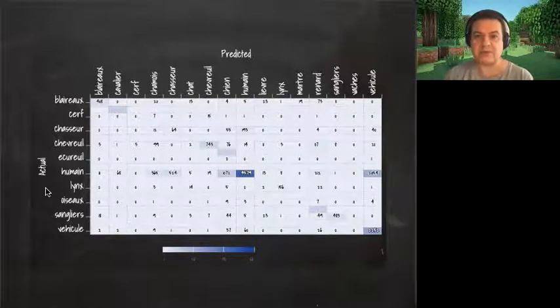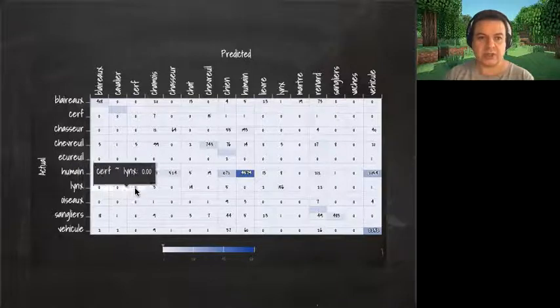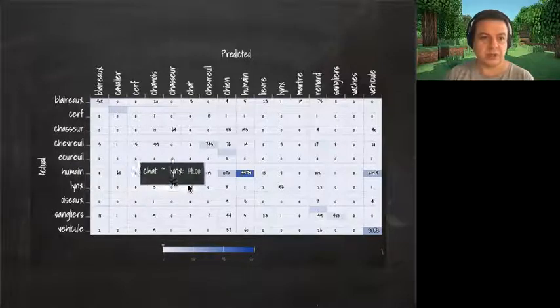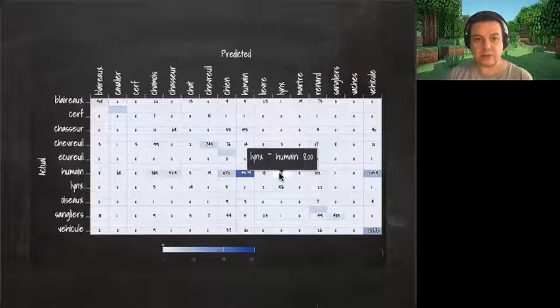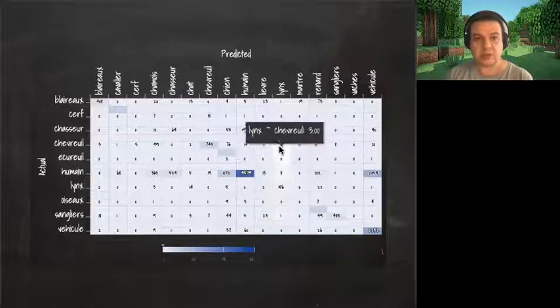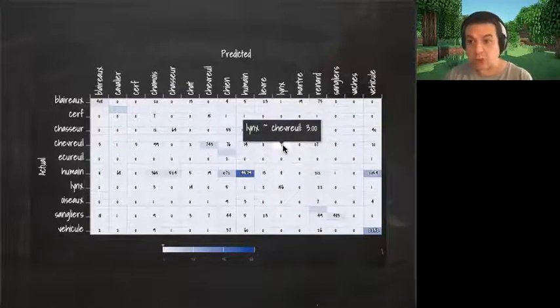Starting with false negatives, here in rows, for the lynx, for example, we see that we confuse lynx with, for example, cats. And now with false positives in columns, we predict lynx on a picture where we actually have a roe deer.